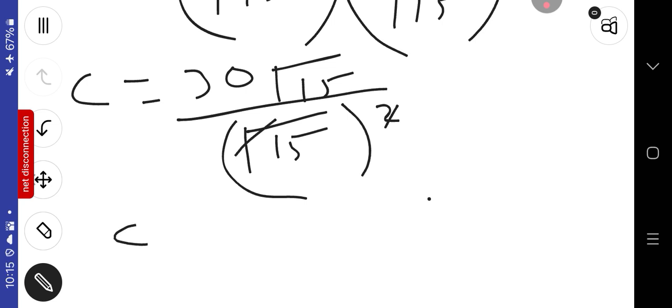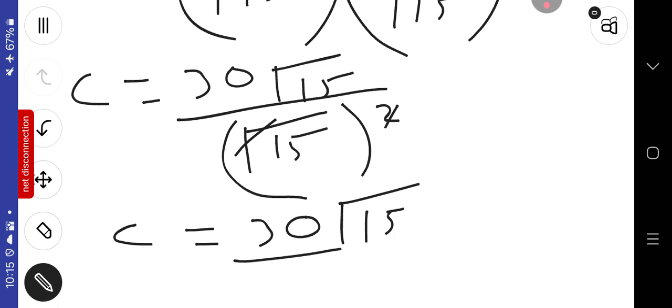So you're going to have c is equal to 30 multiplying the square root of 15 over 15.